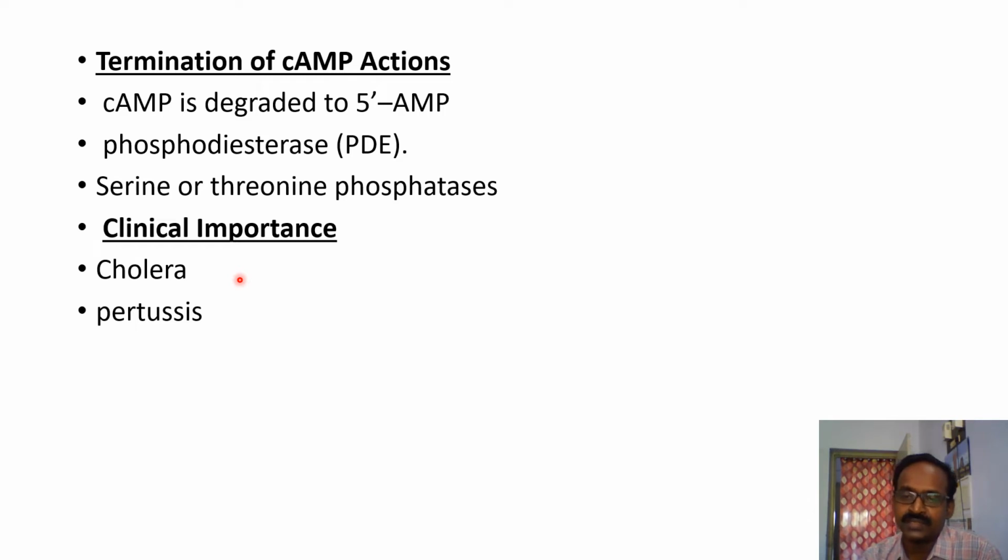It will increase the cyclic AMP level. It produces the rice water stool. In pertussis, Bordetella pertussis produces the pertussis. It is otherwise called the whooping cough. In these conditions, the cyclic AMP level decreases.